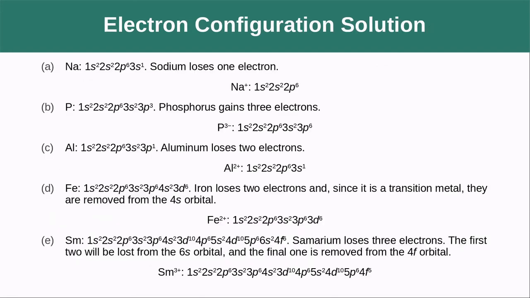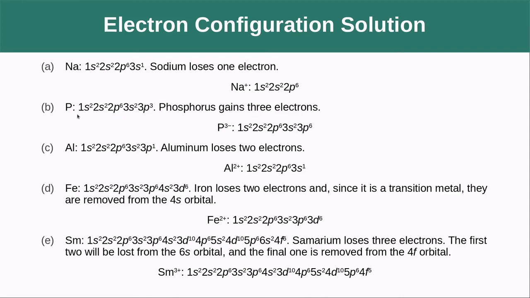So let's start off by writing out the electron configuration for sodium. We saw that before. If it loses an electron, this is a main group element, it's going to come off of this 3s1, the last electron that was added to make this configuration, and we wind up getting this 1s2, 2s2, 2p6 configuration.